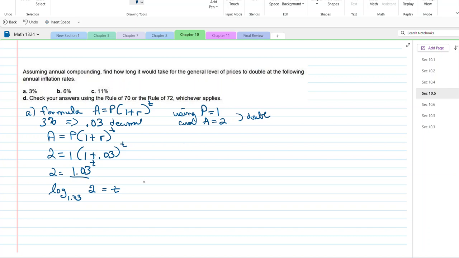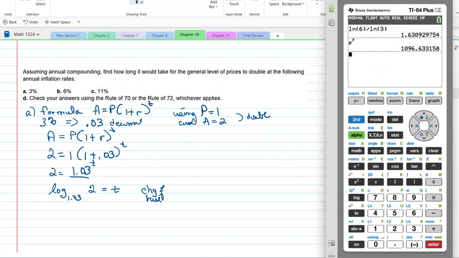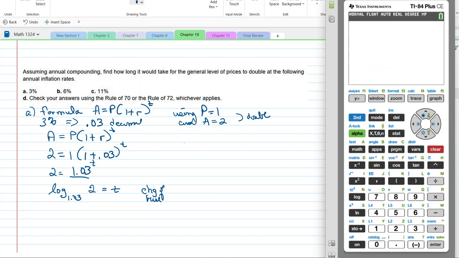So we do a change of base on the calculator. Let me clear what I have on there. I could have done ln, but I did log. Log of 2 divided by log of 1.03.